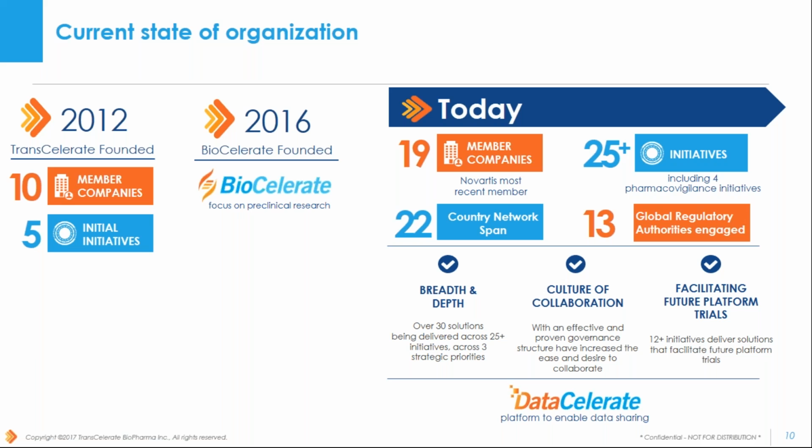And really, we're here to establish a culture of collaboration. We've done this with an effective and proven governance structure, which has increased the ease and desire to collaborate around the ecosystem. And third, we're here to facilitate future platform trials. We feel that's our end goal, with over 12 of our initiatives delivering solutions that will be the stepping stones to facilitating this future vision.